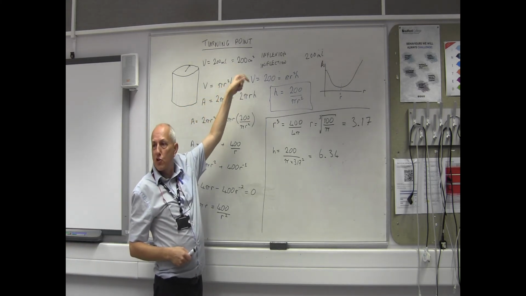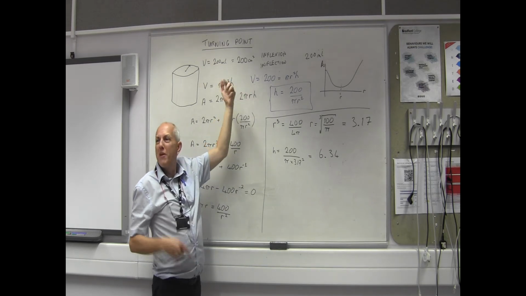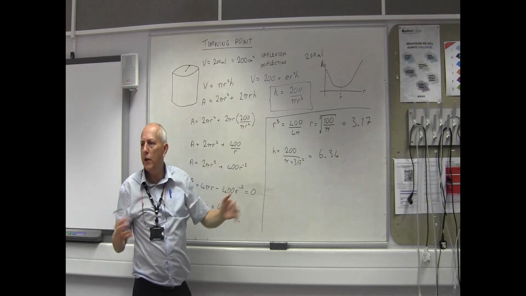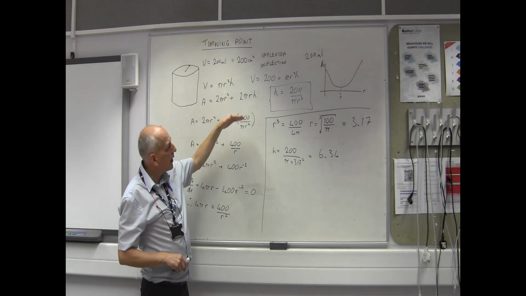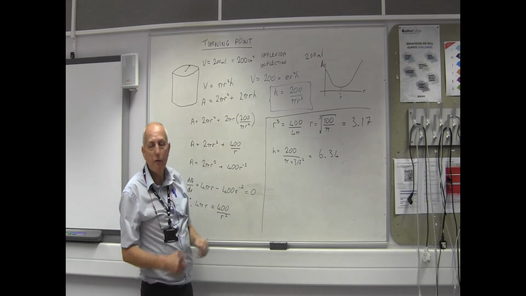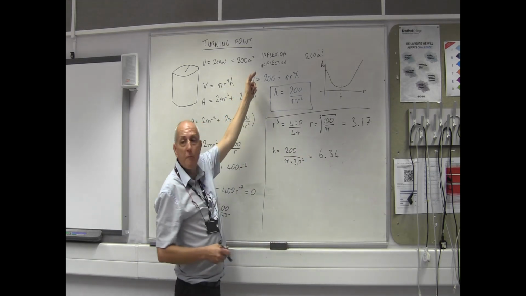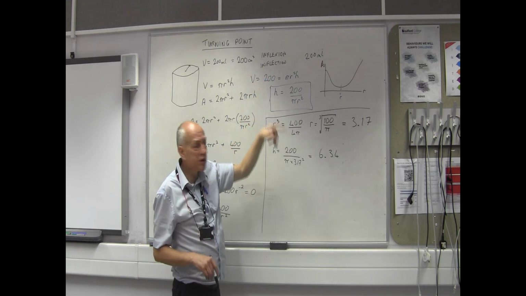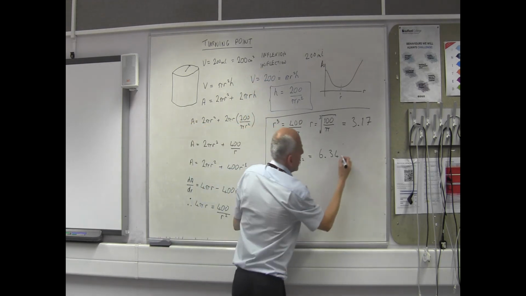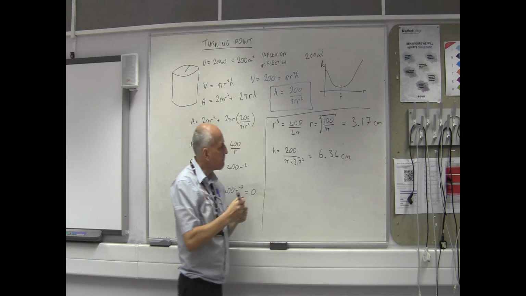I should have said this right at the outset really. We don't have to change the units into metres, for example, the SI units, because as long as we stick with the same units all the way through, we've said this before, this is a length, but it's a length cubed, that's what volume is. We're going to get this in centimetres.